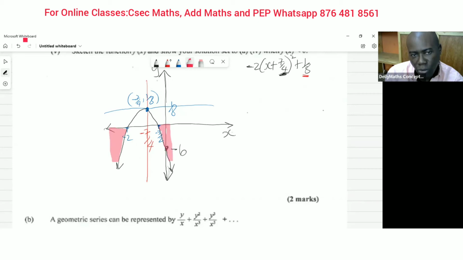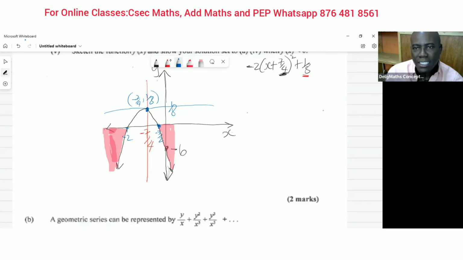As much as I could go to the right, it's going to touch the curve somewhere down there. As much as I could go to the left here, it's going to touch the curve somewhere down here. So it's less than 0 in those areas. If we really look, these are the markers.